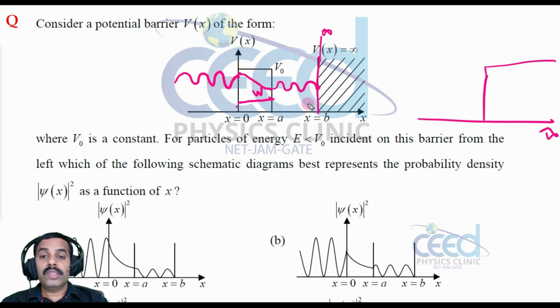Now if we are plotting the probability density, psi of x whole square on the y-axis and x, the distance, on the x-axis, what is the correct option representing this probability variation with respect to x, not the potential?